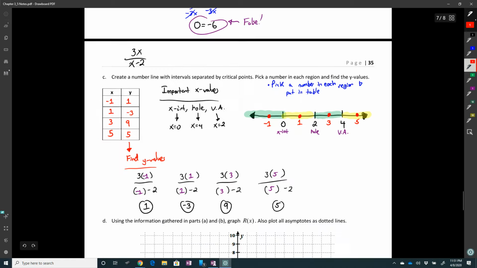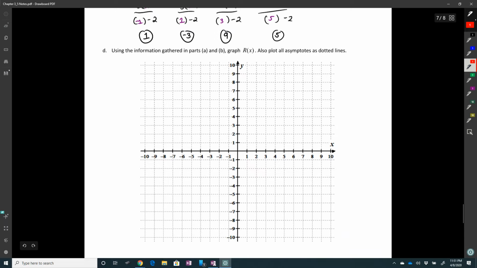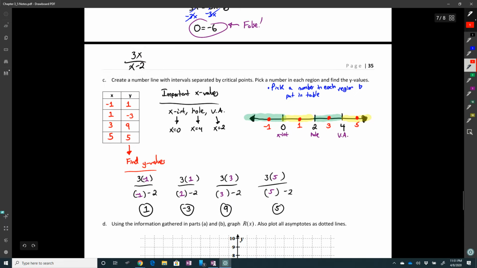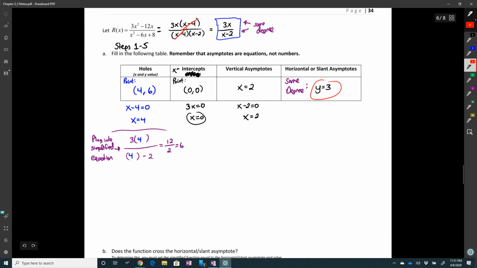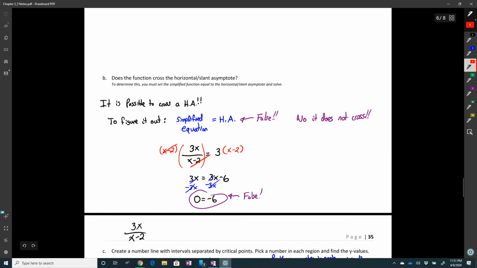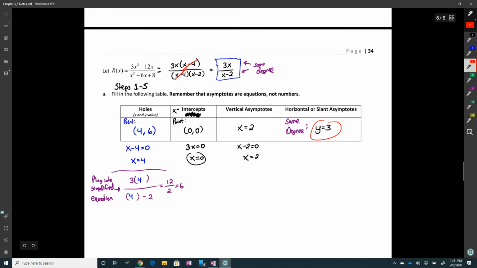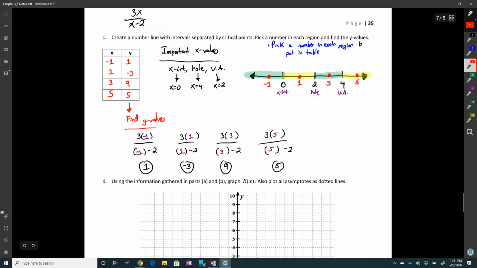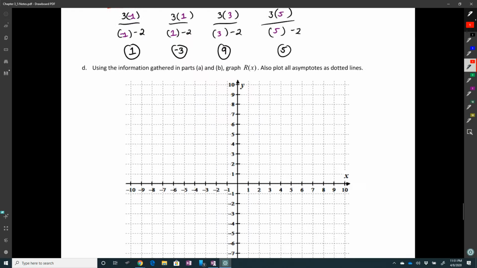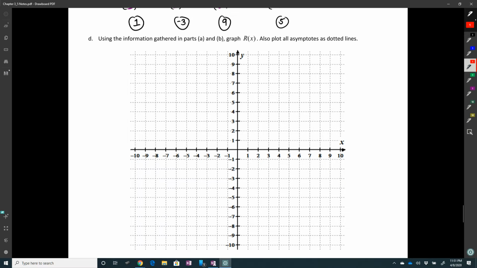Anyway, so now that I have all that, I put it all together to create my graph. So let's do it. Let's start with the vertical asymptotes. My vertical asymptote is 2. My horizontal asymptote is 3. So here I have 2.